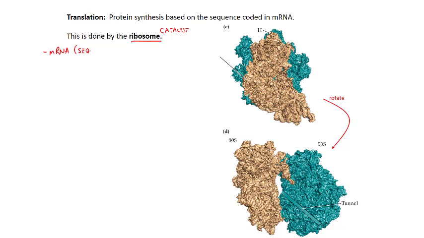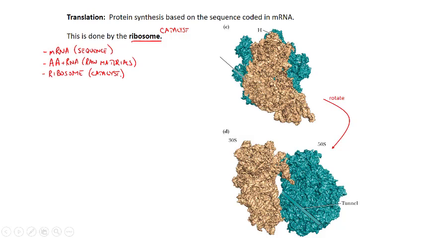That specifies the sequence that you're going to be putting your amino acids in. You need an amino acyl tRNA, or a set of amino acyl tRNAs. Those are your raw materials. And the last thing that you need is the ribosome, which is a catalyst, an enzyme, if you will.